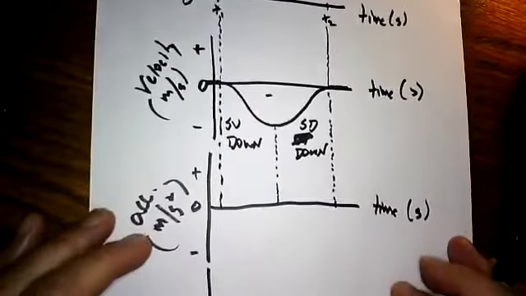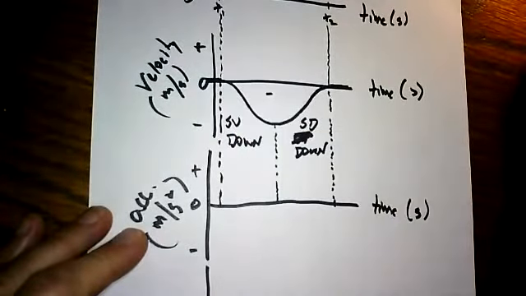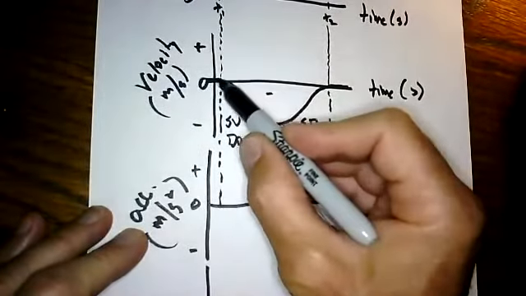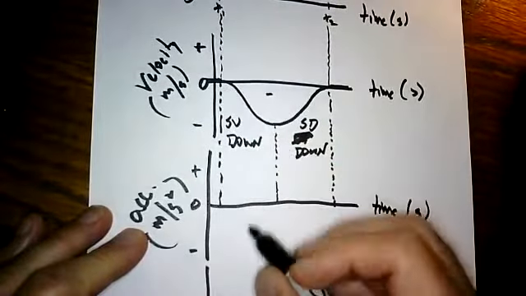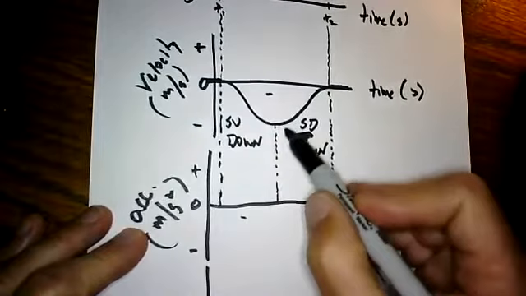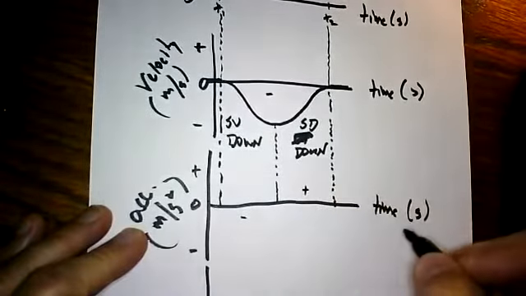All right, now if you remember from your kinematics, the slope of the velocity versus time plot tells us everything we need to know about acceleration. In this region right here, all these slopes are negative, so acceleration will be negative. In this region here, all the slopes are positive, so all these accelerations will be positive.